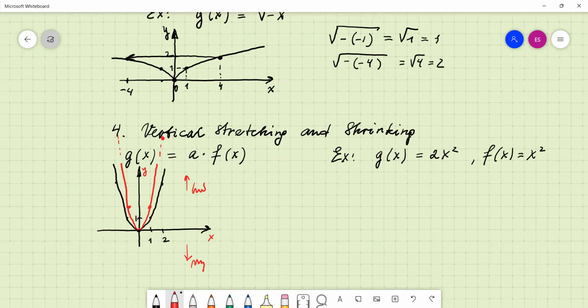Okay. What is going to happen if you multiply by a number less than 1, like 1 over 2 x squared? Well, the point was 1. Now it's going to become 1 over 2. Let me use a different color to make sure that it's sticking out. And the point which was 2 squared, which was 4 actually, is going to give me just 2.